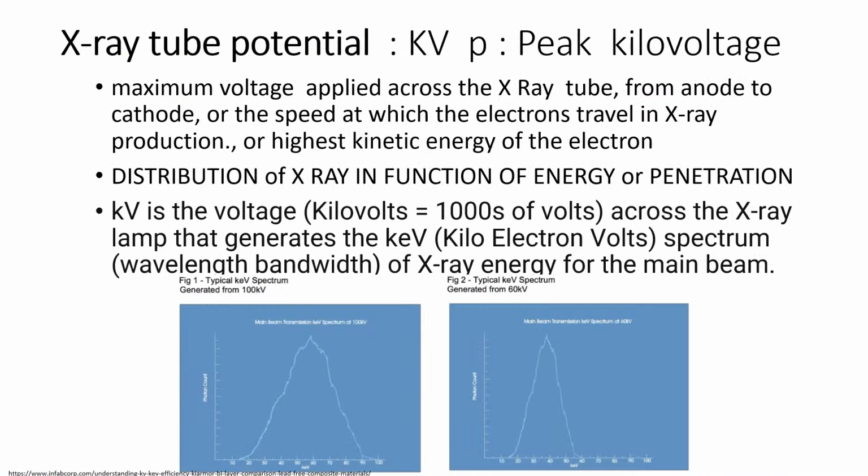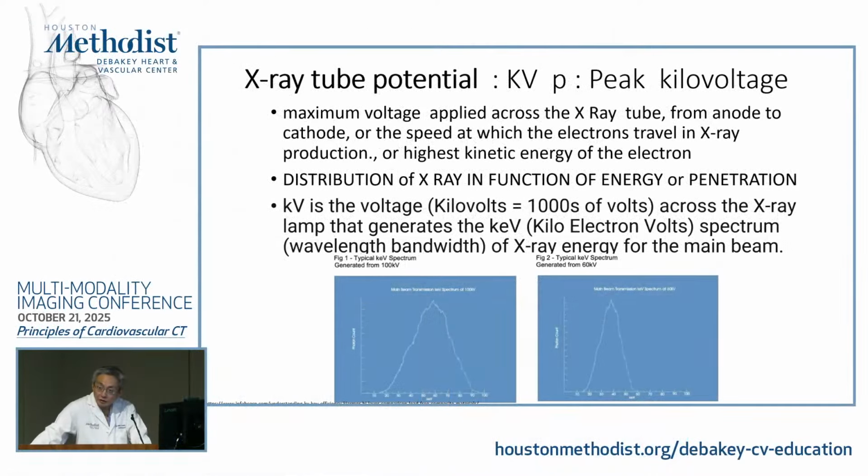Okay, KV. So I want to differentiate two concepts. KV is the maximum voltage that you apply across the cathodes and anodes that I showed you earlier. Okay, and that determines the energy the electrons travel with. So the KV is the voltage across the X-ray tube that generates the beam.